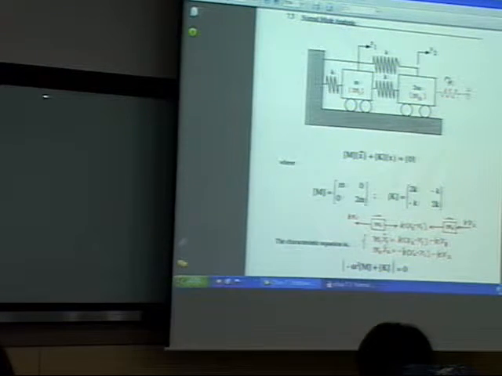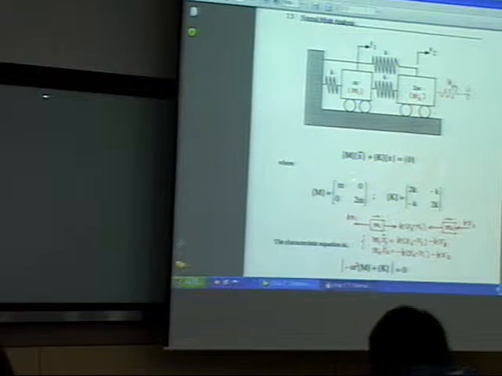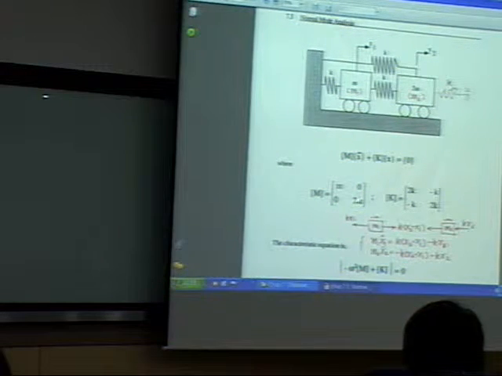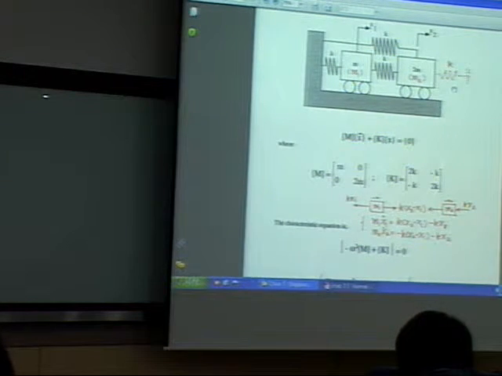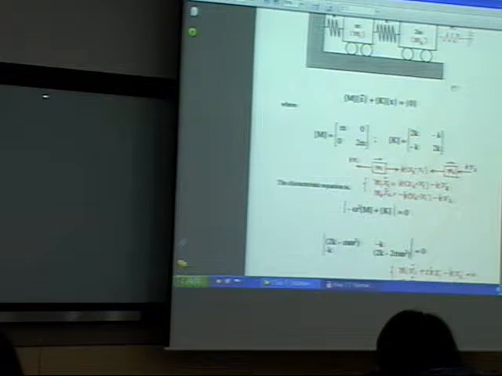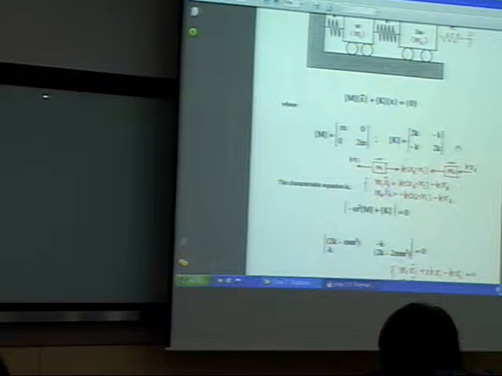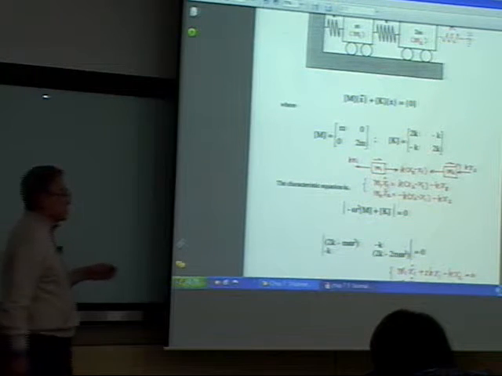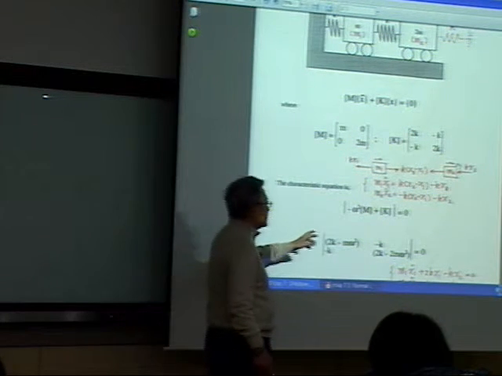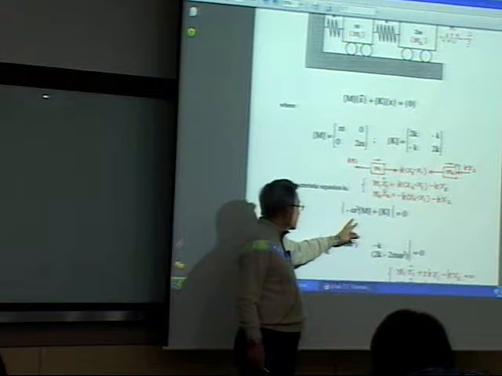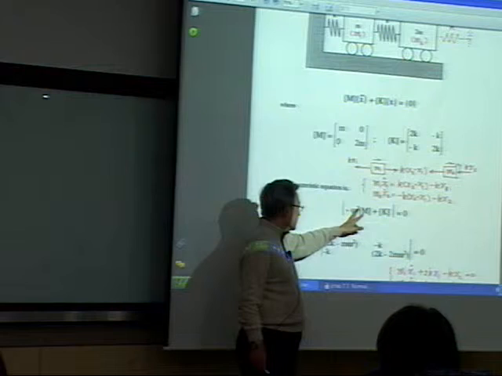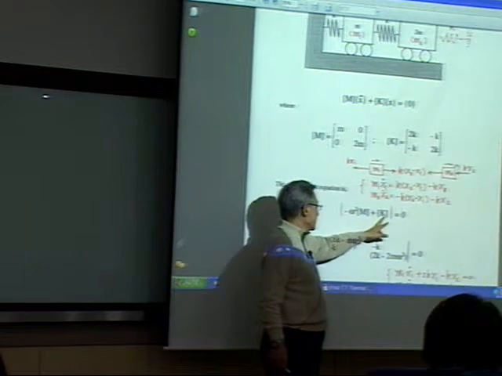So the mass matrix is m, 0, 0, m, if you just put it this way. Then the characteristic equation. We got this on the previous page. And minus omega square, we know this, we know that.